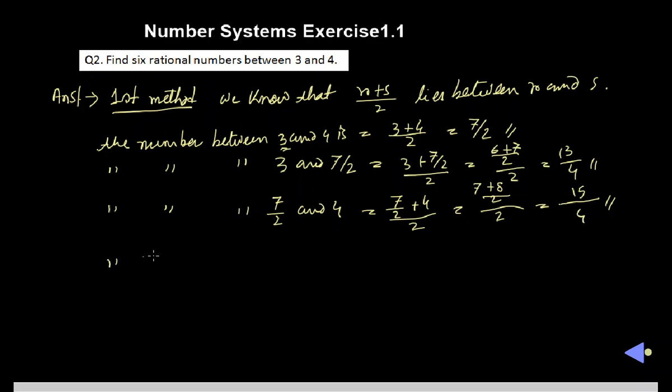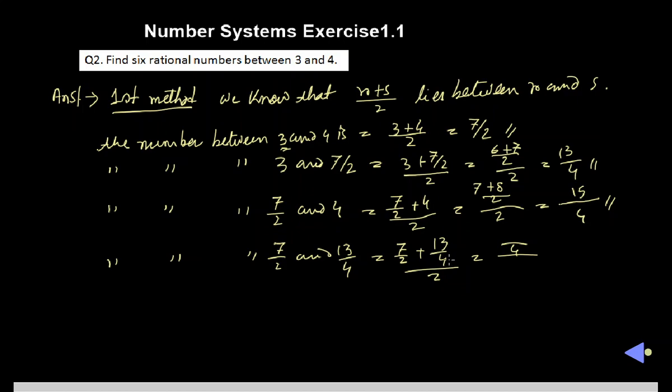You can take any number. Let us take, suppose, the number between 7 by 2 and 13 by 4. Same thing: 7 by 2 plus 13 by 4, divided by 2. In the upper part the LCM is 4.